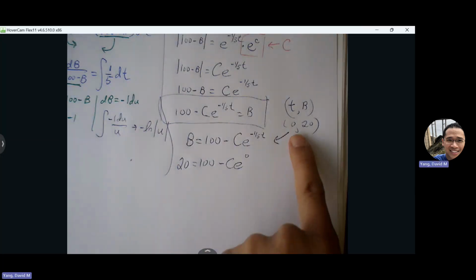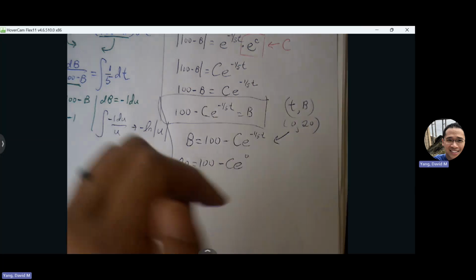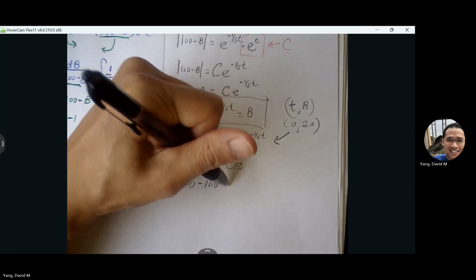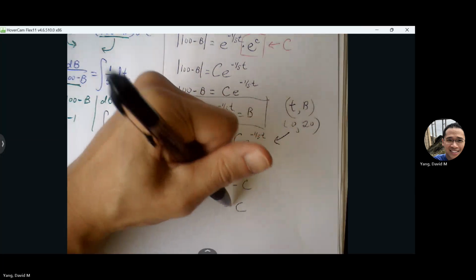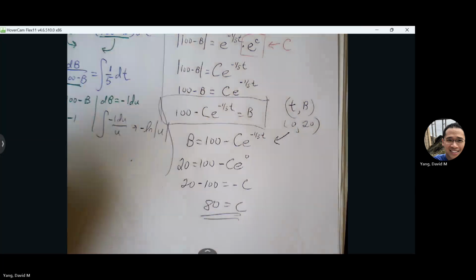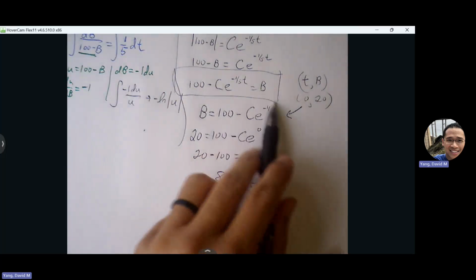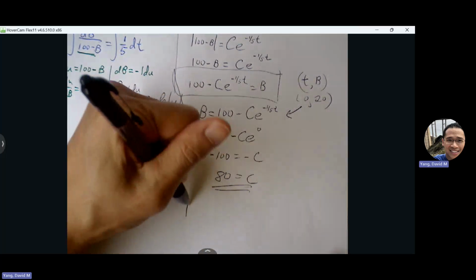That 0 is nice. It's going to wipe out that e. I can solve for c at this point. If I have my c value, I'm going to go back and update and get my specific equation.